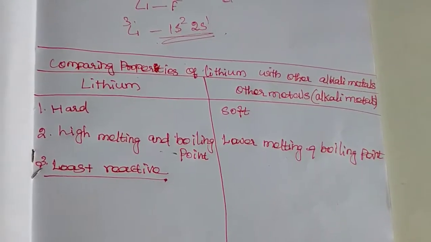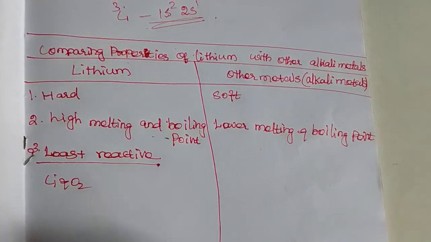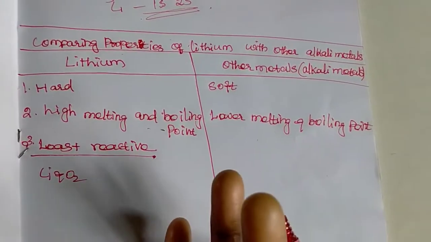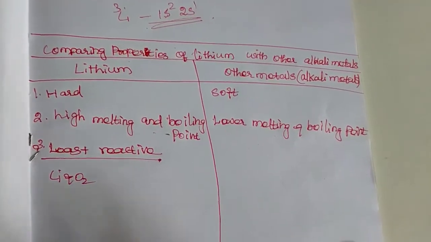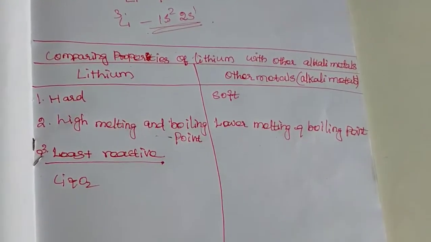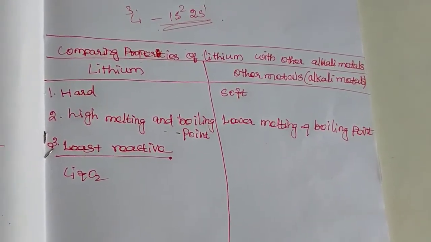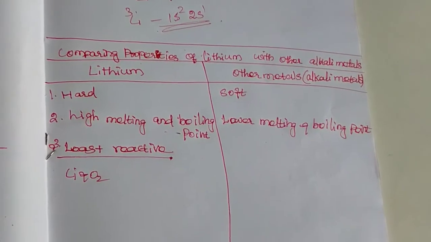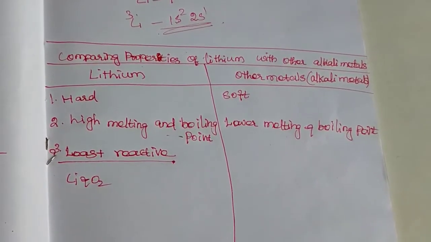Lithium can combine with oxygen and form normal oxides. Also, it can form the peroxide only with great difficulty. And it can also form higher oxides, but those higher oxides are unstable.